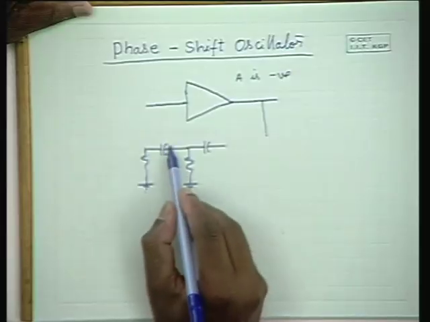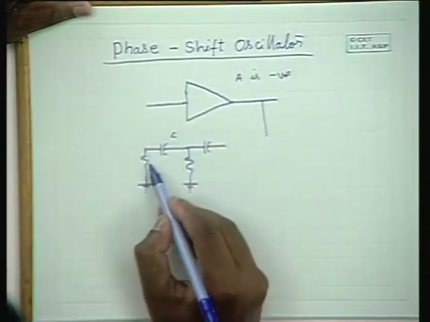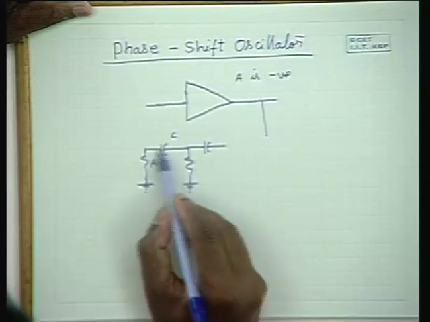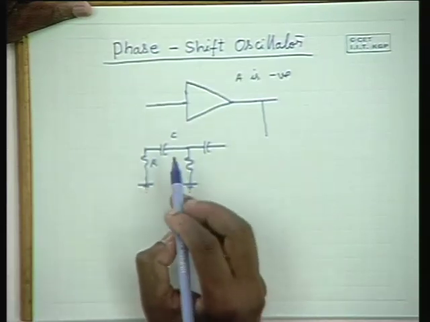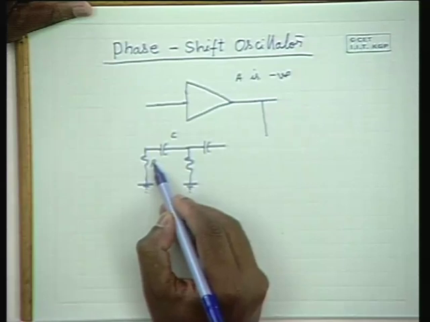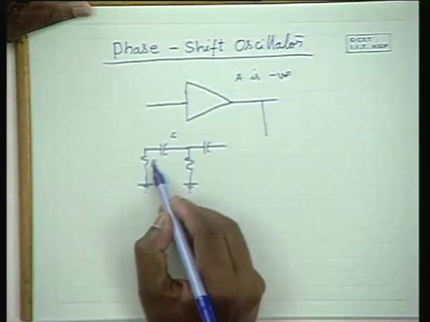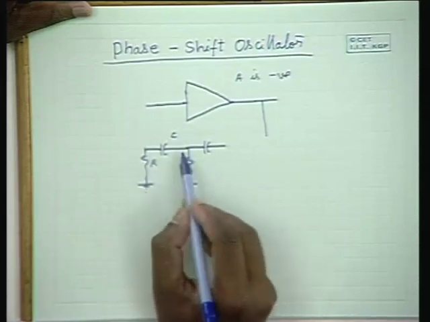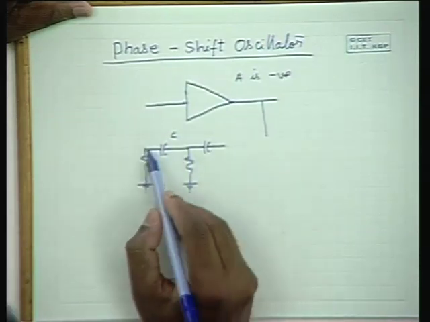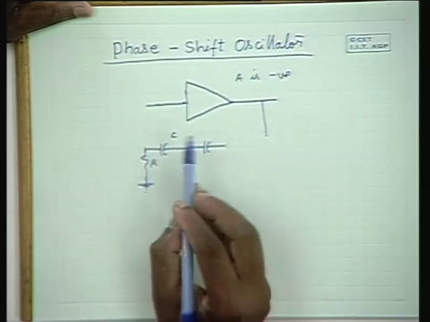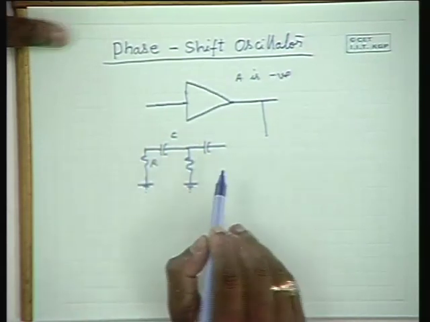And when it produces 90 degrees phase shift, the attenuation is, for example, take this section C and R. If you want 90 degrees phase shift here, R should be 0. So only when R is 0, it produces 90 degrees phase shift. Please note that with that, the disadvantage you have is the attenuation is infinity.